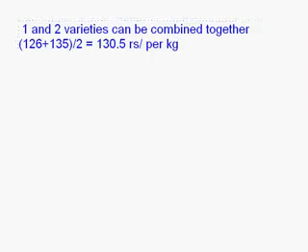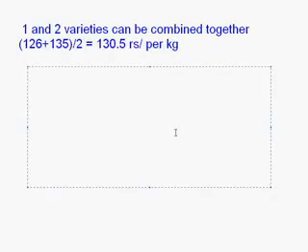So we can again create the same chart, the way I did in the previous video. I'll write here 127.5. Over here we need to find out the third variety, so we'll assume it to be x, and the mixture should be 153, right?